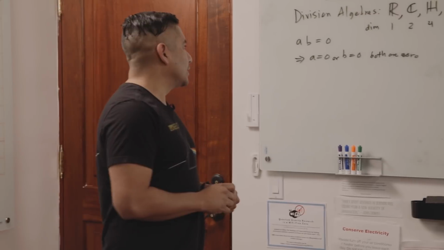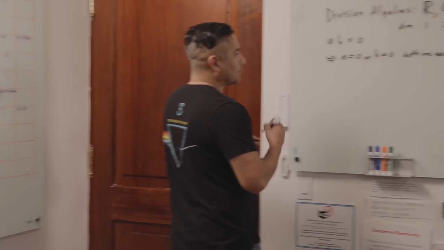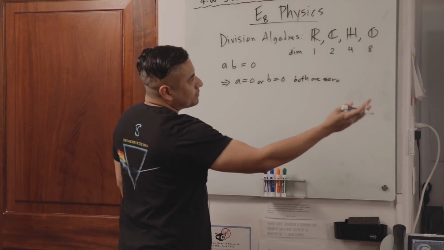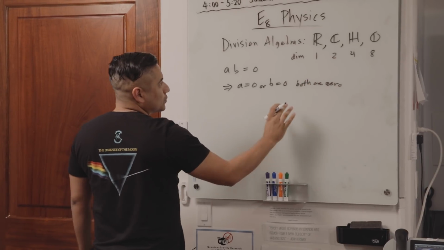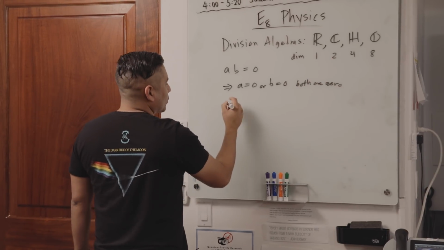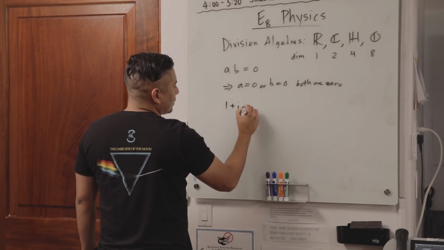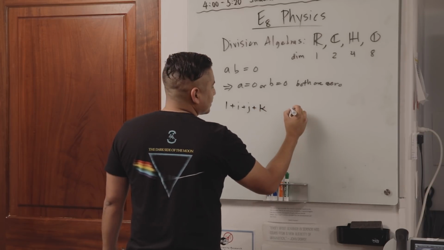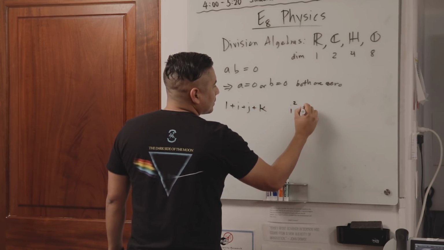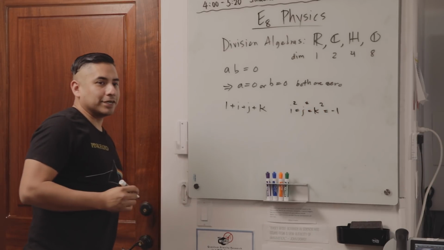Okay. Yeah, you can give them a geometric interpretation because you can express them as n-tuples, right? So this would be an 8-tuple, and this would be a 4-tuple. But you can also write a quaternion, for instance, as 1 plus i plus j plus k, where any of these behave just like the imaginary unit.